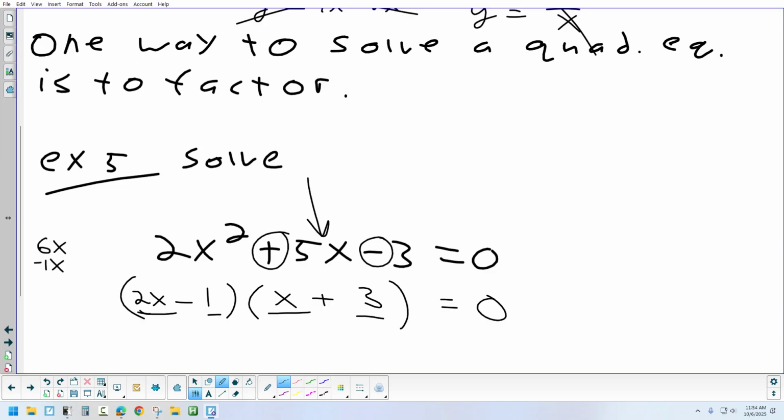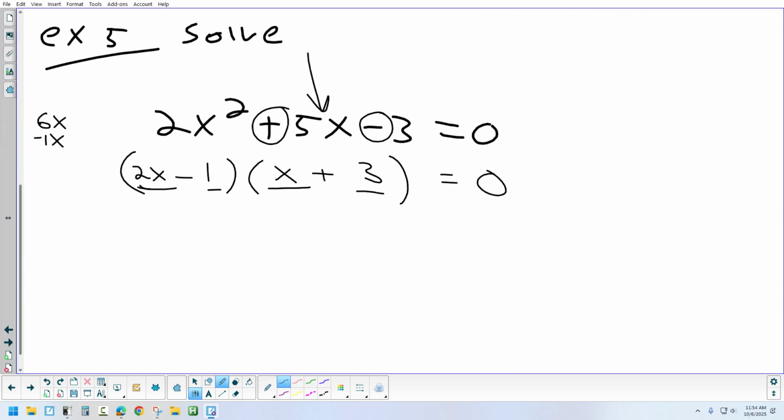Okay, so the factoring, that's the hard part. Once we factor it, what do we set each of these factors equal to? Set them equal to 0. At this point, now you're back at what we did in the first lesson, solving two linear equations.